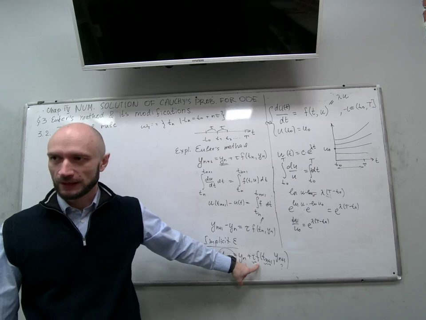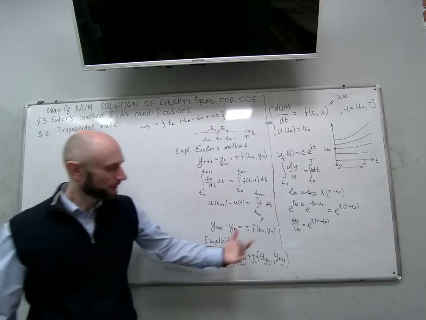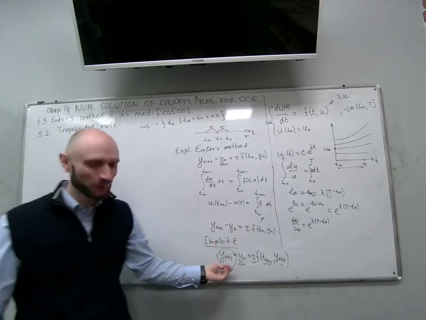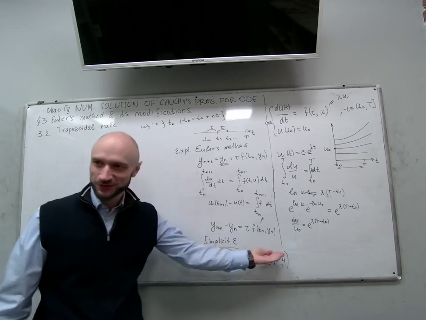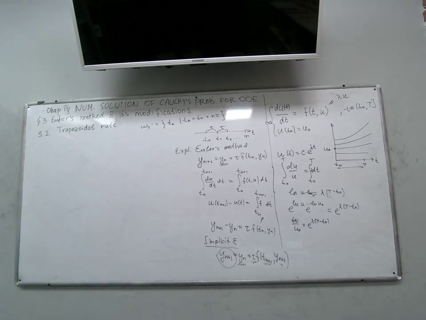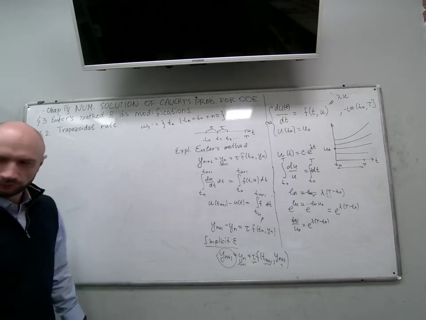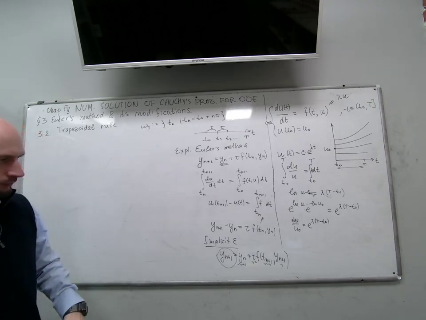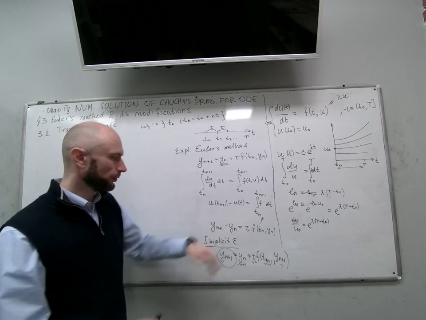How do you get yn plus 1 from such a formula? You see, yn plus 1 minus yn equal to tau f of tn. No, it's a different method.